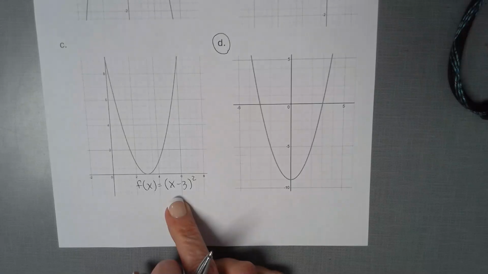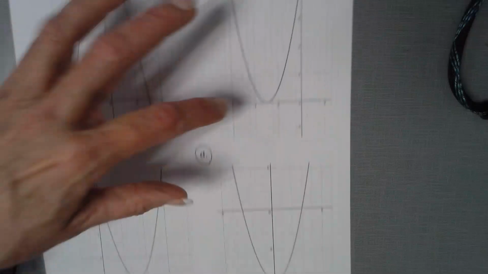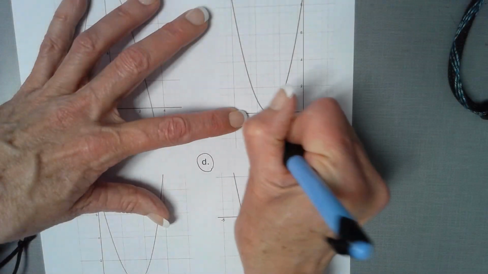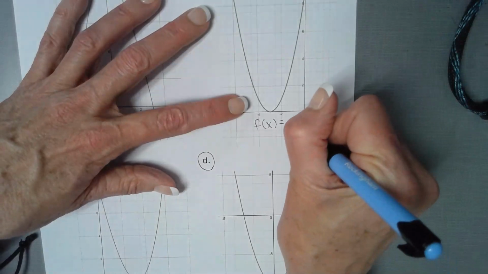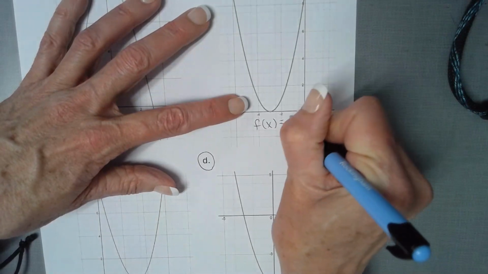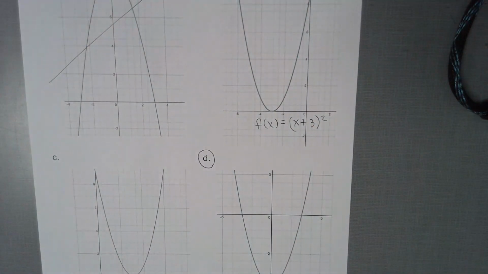In other words, it's a double root. The solution is 3. This one right here would be the function f of x equals x plus 3 squared. Just letting you know. We good? Yeah? All right.